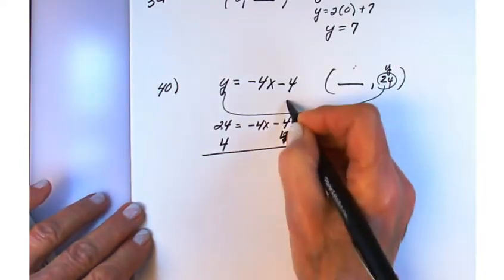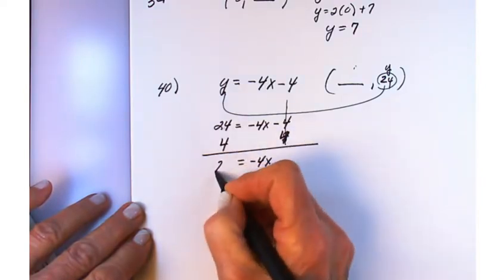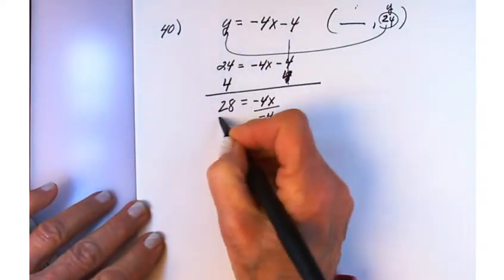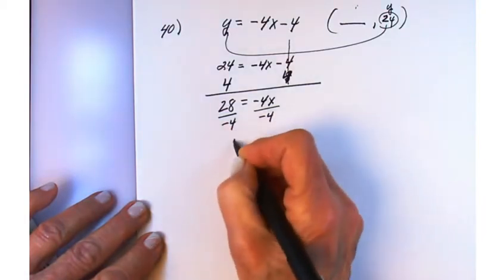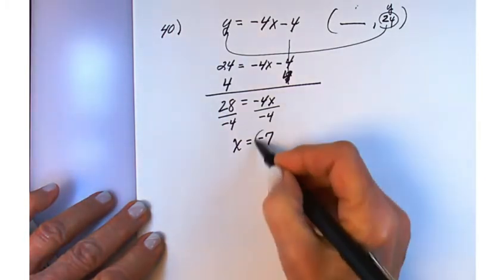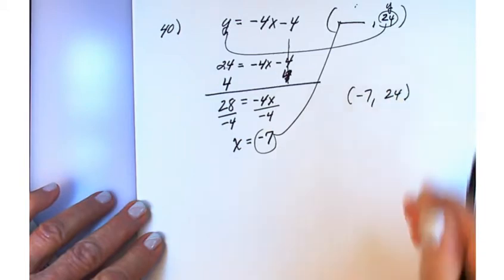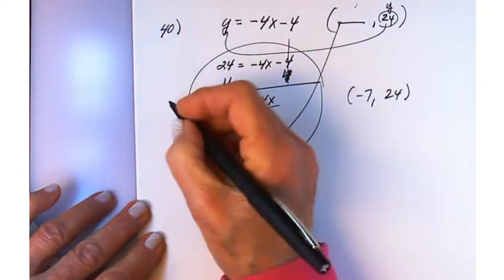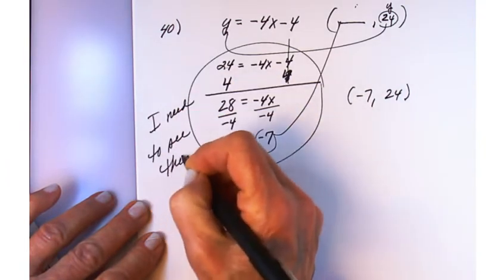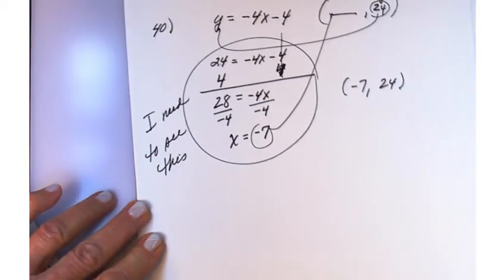The 4's add out. 24 plus 4 is 28. We need 1x, so I'll divide each side by negative 4, and I get x equal to minus 7. So that's the value that goes in there, minus 7 comma 24. This is what I need to see. I need to see you writing down the formula, showing the substitution, and then solving. That's what we need to see.